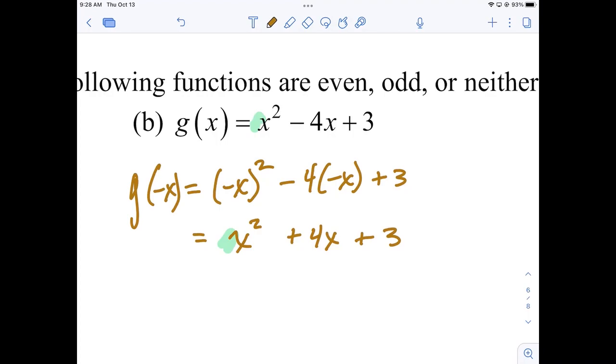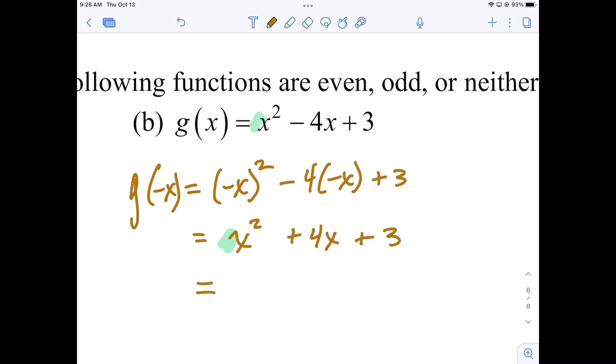Is that the same as what we started with? Is that the opposite of what we started with? No, because to be the opposite of what we started with, all the signs would have to be different. Because that means you could factor it out. So this is not f of x, and it's not negative f of x.